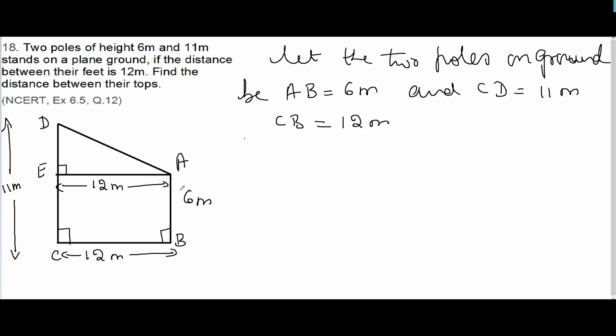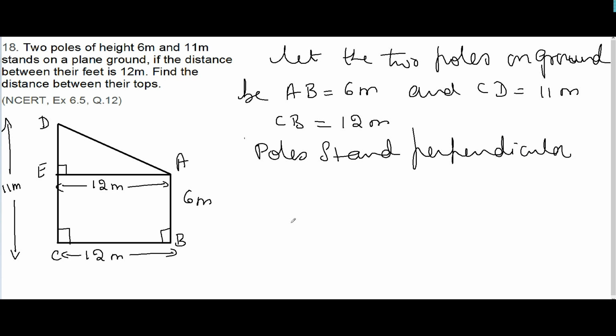Now because both are poles, they stand perpendicular. So these two angles are 90 degrees. Also, draw AE perpendicular to CD.